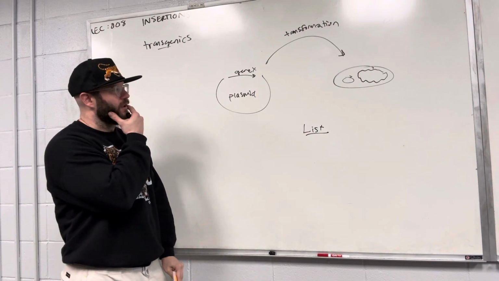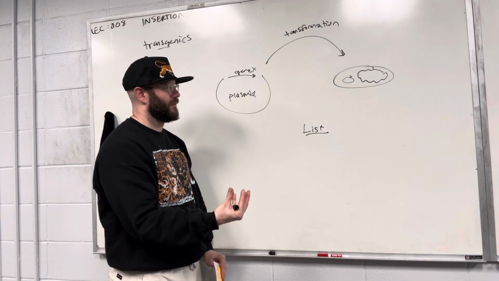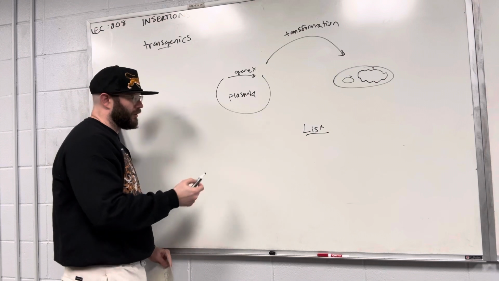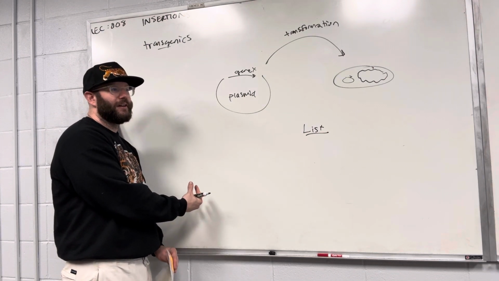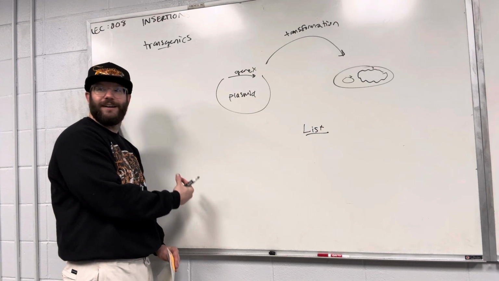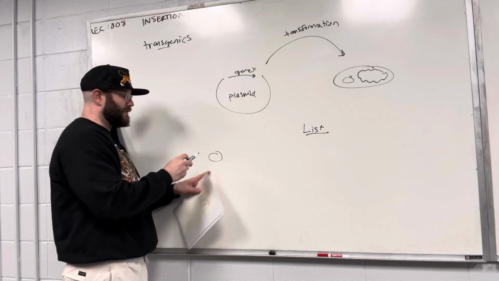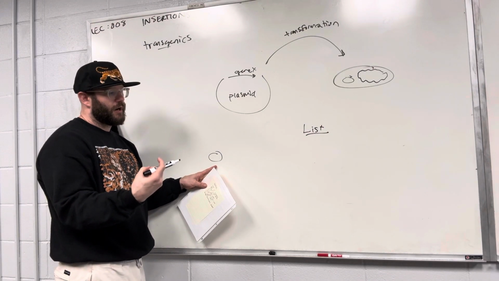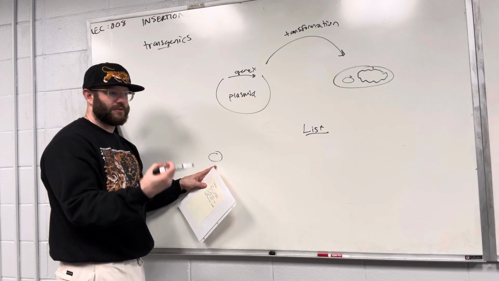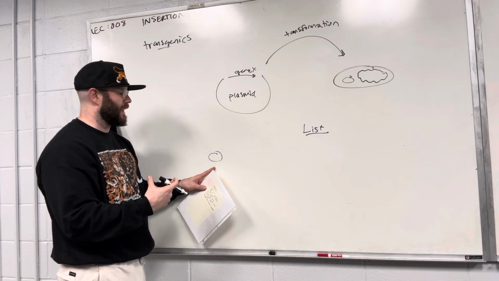So in contrast, what do you actually have to do to create a multicellular transgenic organism? You first have to go to the stage at which it's not multicellular, which is what? The zygote. Yeah, the zygote. So you can either harvest eggs or harvest freshly laid eggs, which are just past the zygotic stage.